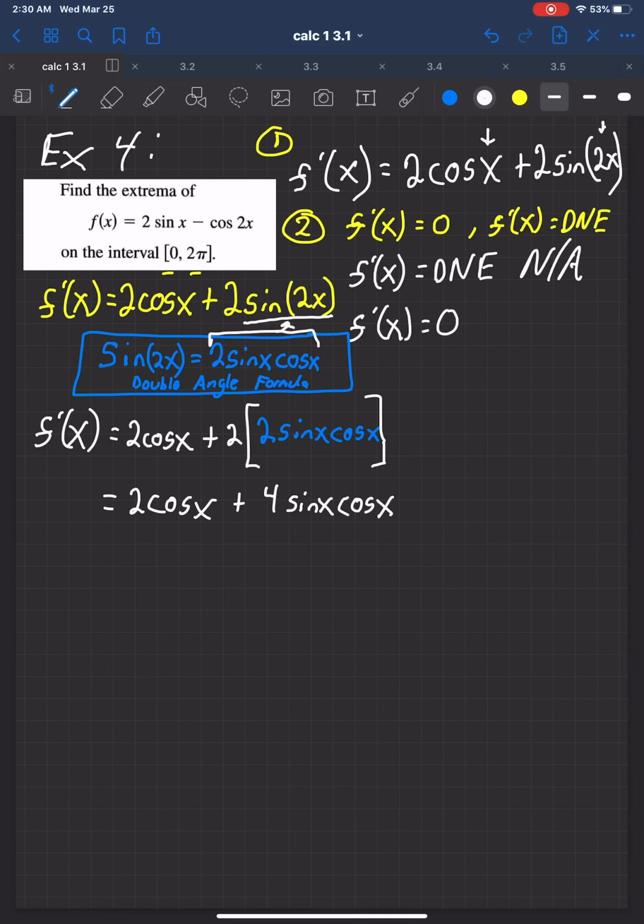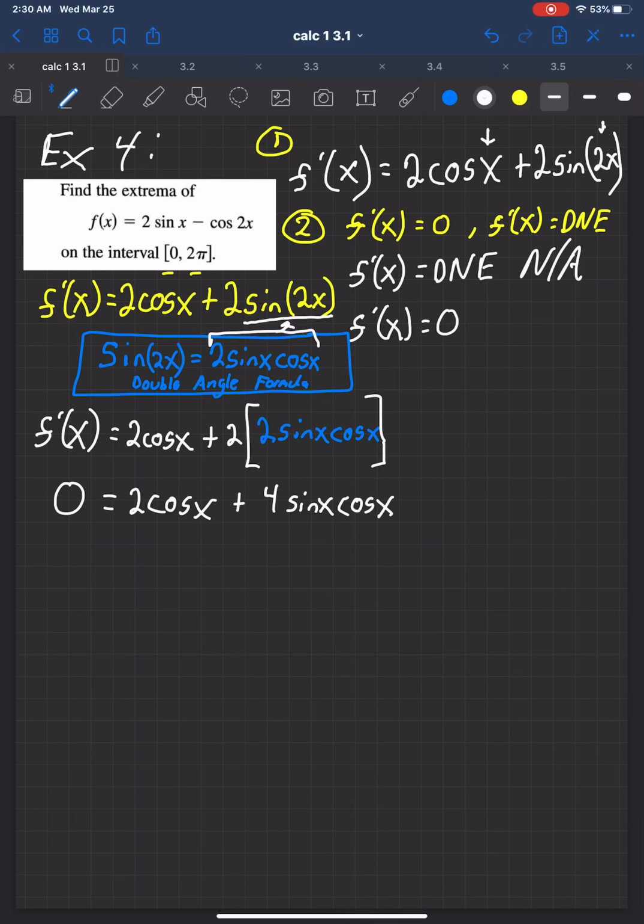Remember, we're going to set our derivative equal to 0. That's the goal. Now, I want to be able to factor. Unfortunately, the way the derivative was originally written, I had a cosine and a sine. There was nothing to factor. I mean, I could factor out a 2, I agree, but that doesn't help.